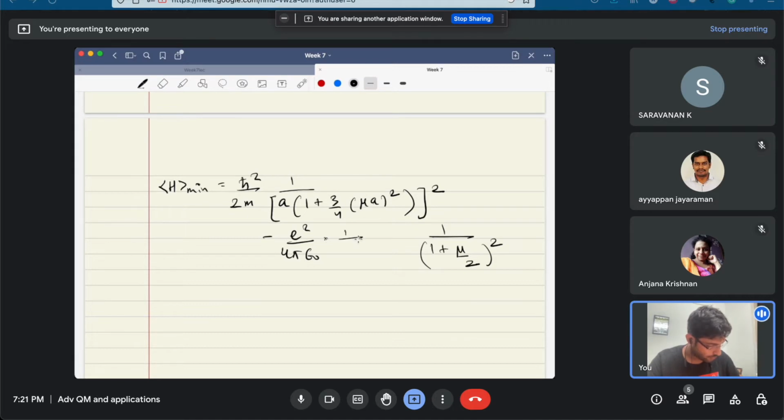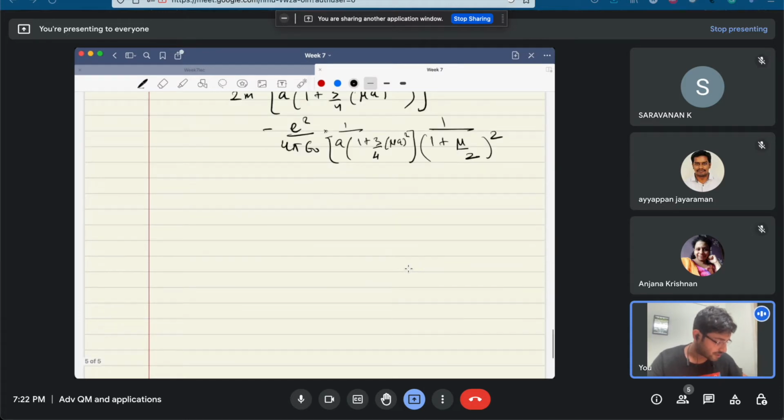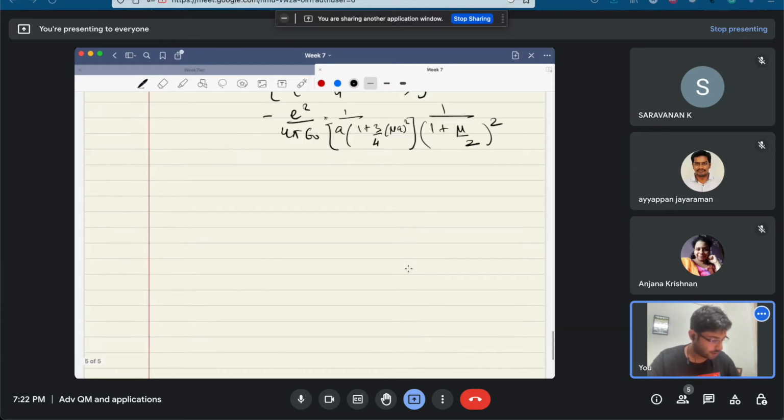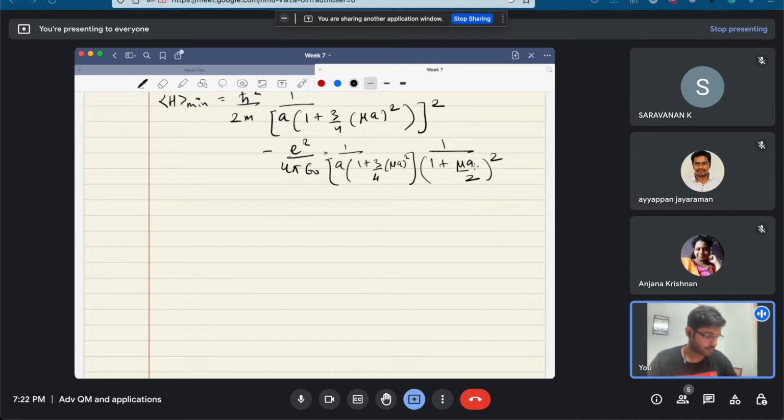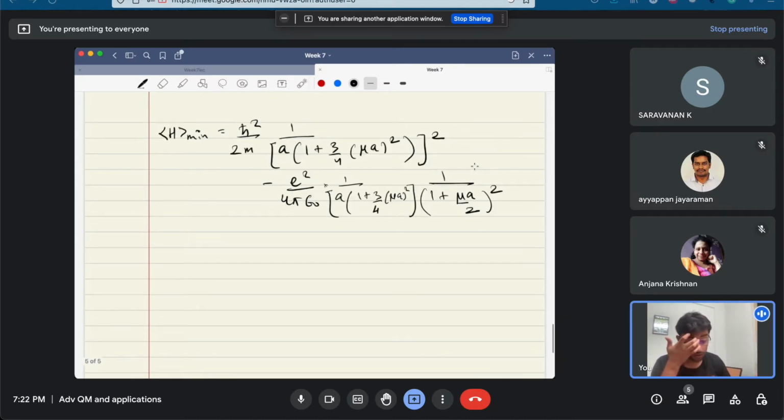We have 1 square, and similarly you can substitute directly with a here, because under the extreme condition of mu square, b is almost equal to a. So wherever there is only a linear b, you substitute, and where there is a square already, then you can just put it as a directly.